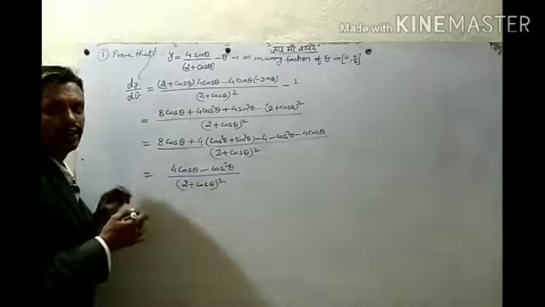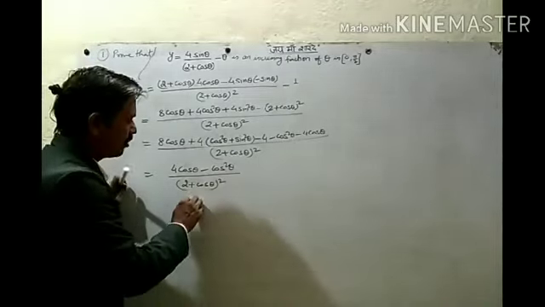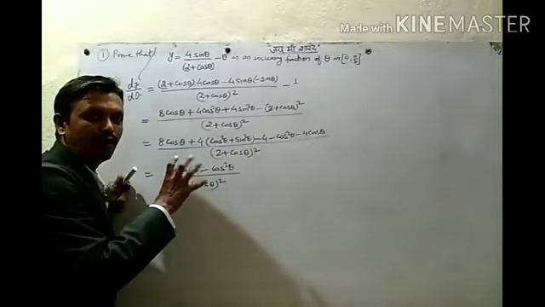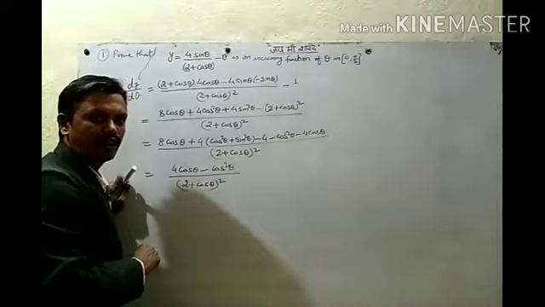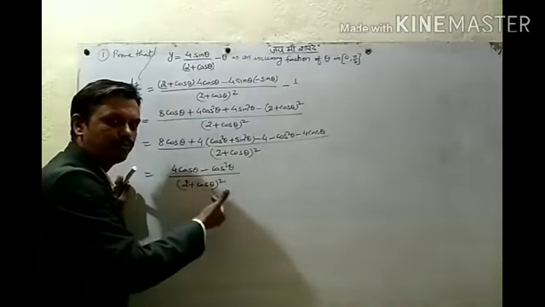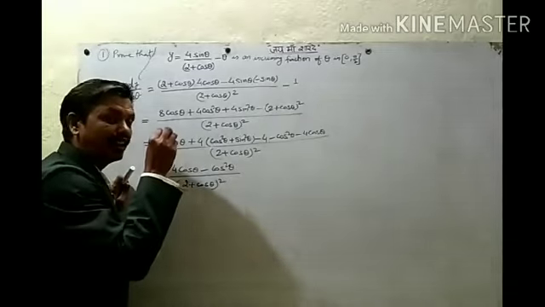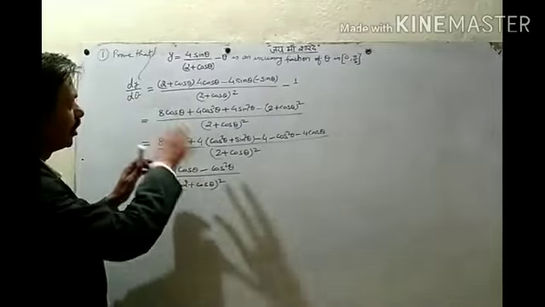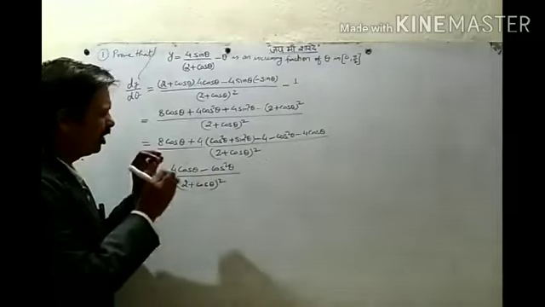Okay? So when we find the derivative of any function, that derivative should be written in the form of a product. That expression should be in the form of a product. Everything should be in product form. From that we can see directly that this value will always be negative or positive. We need only the sign.